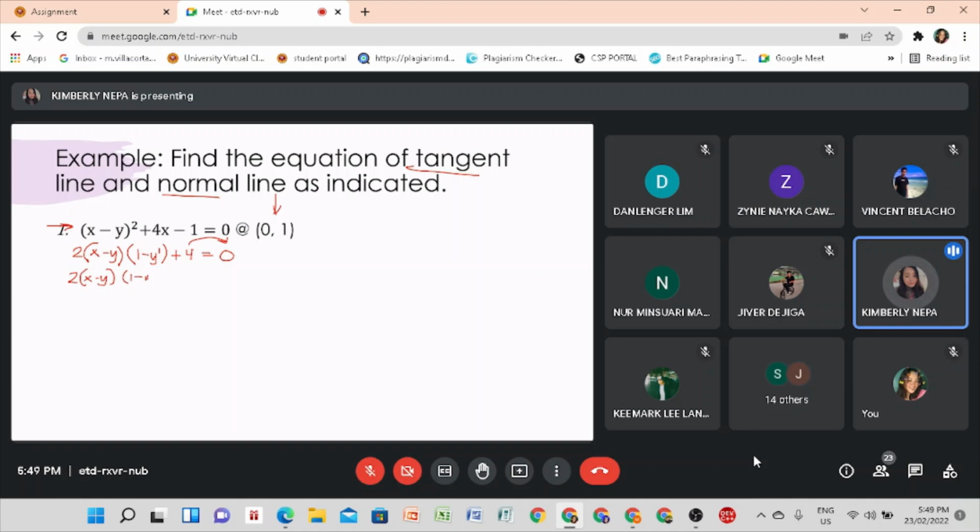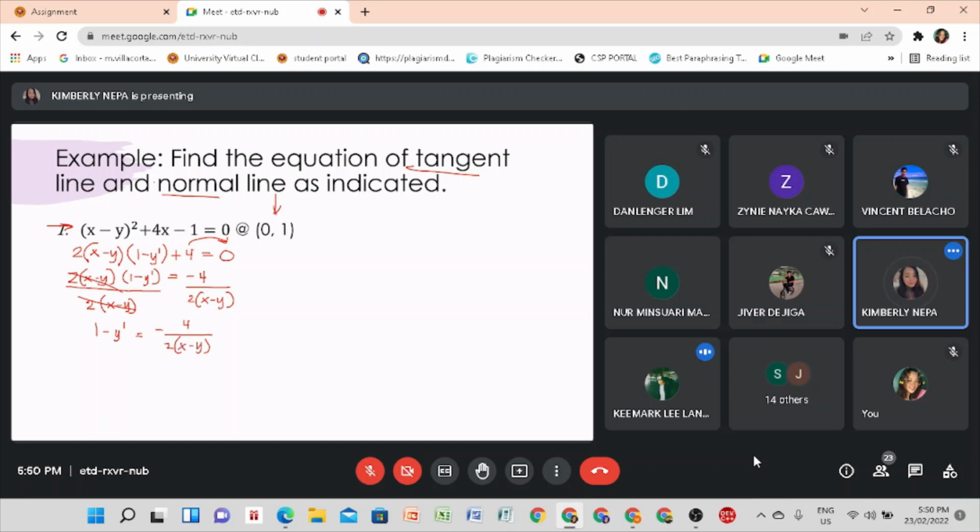Pwede na nato dili i-distribute, right? Class, and then we just divide by 2xy. Pwede? Pwede po. Makancel ni. What remains is 1 minus y prime is equivalent to negative 4 over 2 times x minus y.